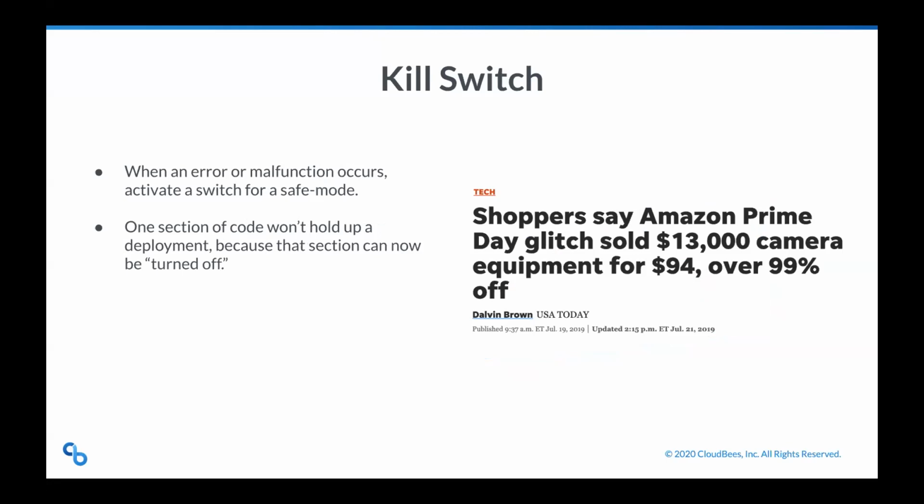So this is where the idea of a kill switch and feature flags can come into play, because we can gate that segment of code that delivers that feature or service behind a feature flag, and then flip the kill switch that will disable the configuration or the experiment and make the feature flag take on a default safe mode value. So in this way, once we flip that switch, we can deploy on time, and we can ensure that one small issue is not holding up an entire deployment.